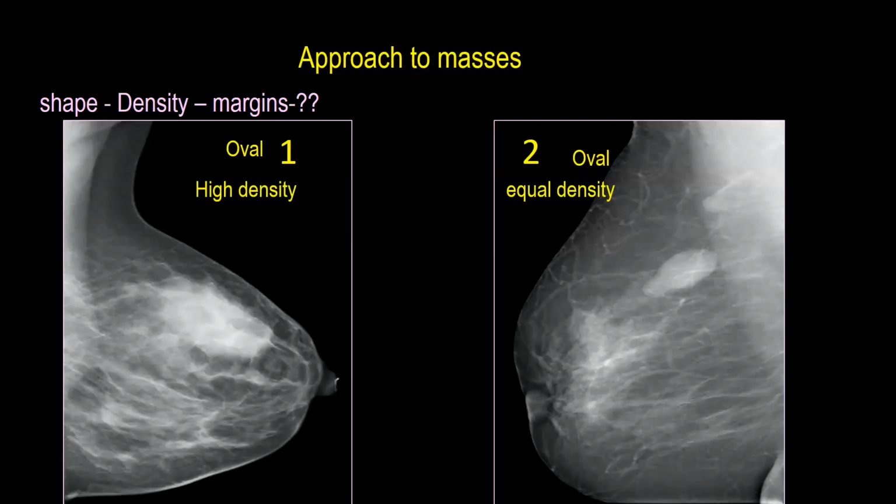Margins. Spiculated in one. Which one is spiculated? One. And two? Circumscribed, but this is not spiculated. This is, you see, indistinct. This is the parenchyma. There is edema and inflammation here.